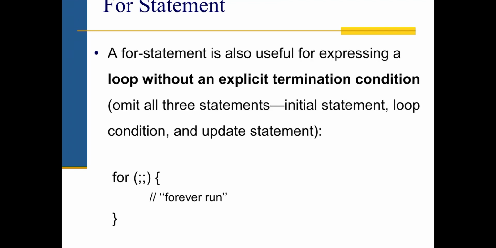So a for statement is also useful for expressing a loop without an explicit termination condition. So omit all 3 statements: the initial statement, loop condition, and update statement. For, then you bring your parentheses.